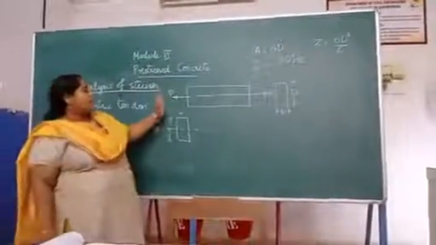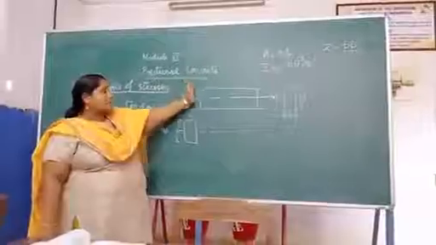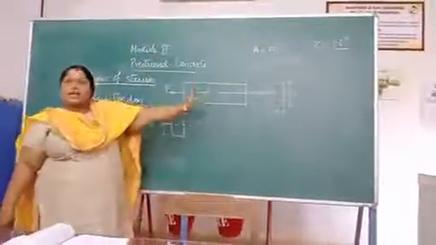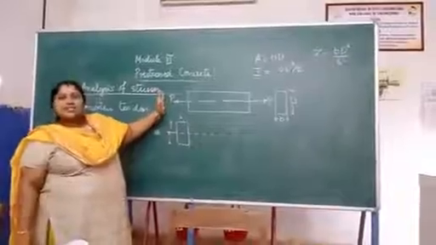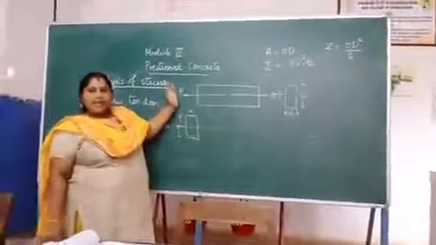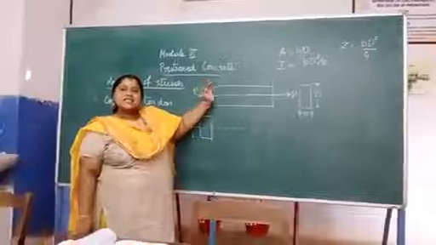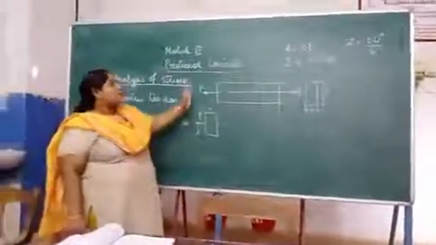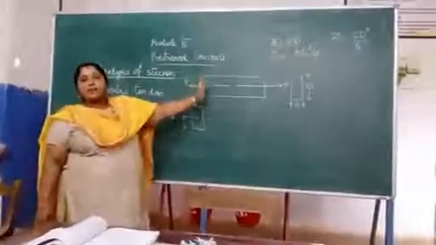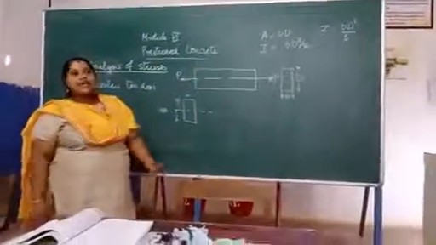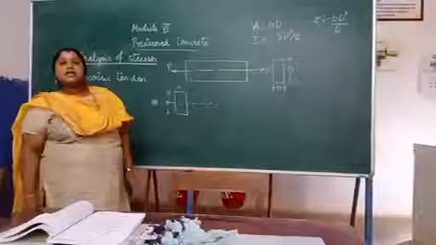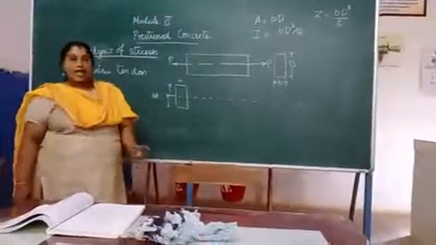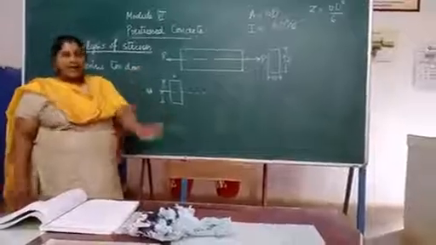The prestressing force P creates a compressive stress, and that is a direct stress. Direct stress is calculated as P divided by A, that is force divided by the area.